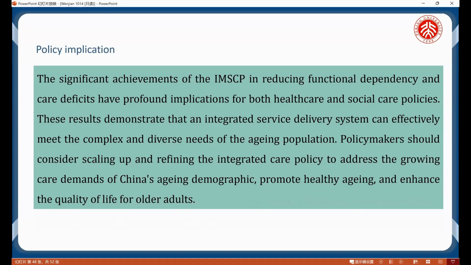Policymakers should consider scaling up and refining the integrated care policy to address the growing care demands of China's aging demographic, promote healthy aging and enhance the quality of life for older adults.